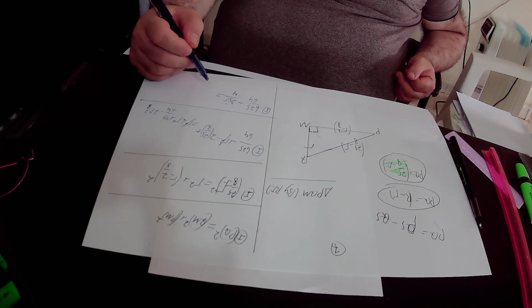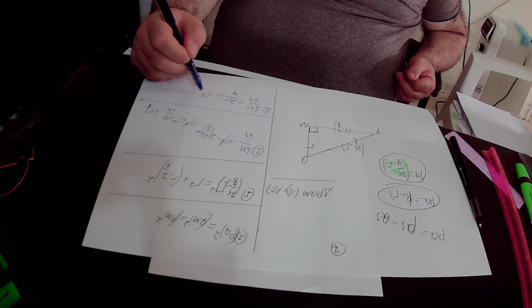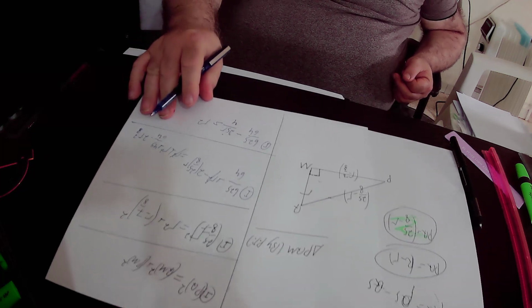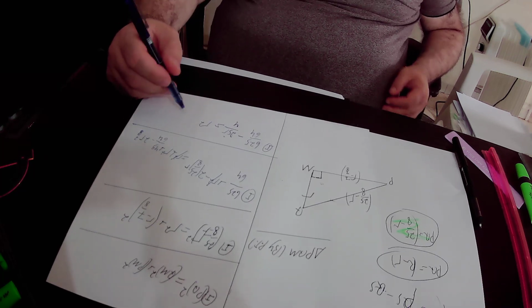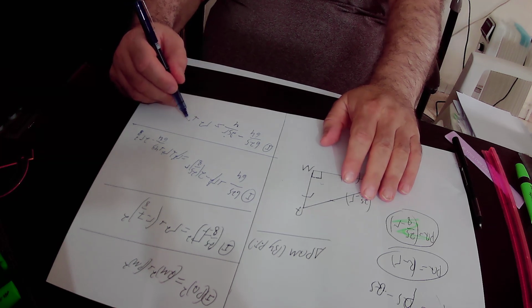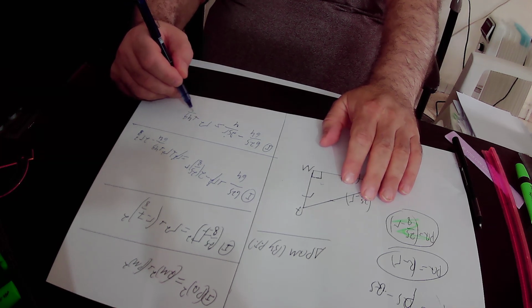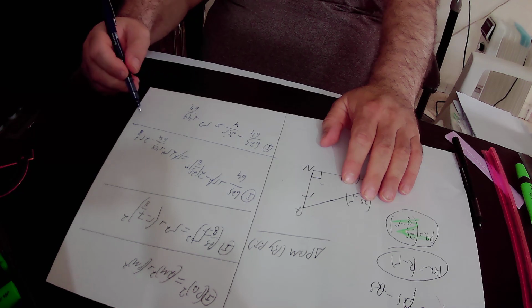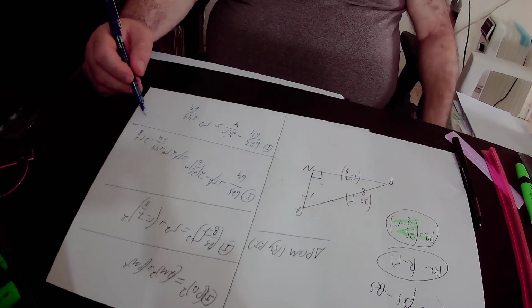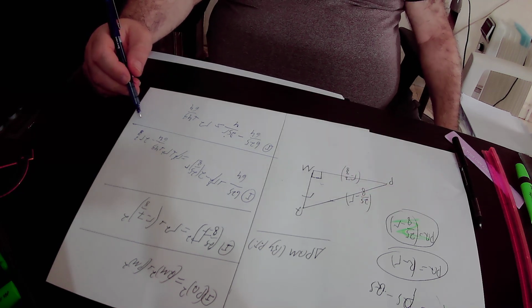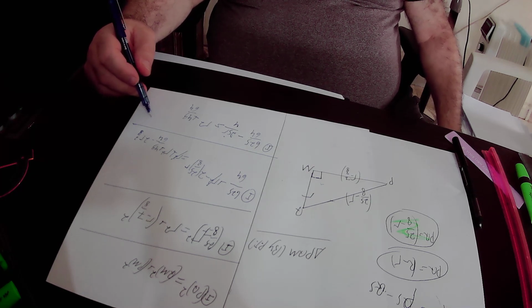And it is equal to r squared plus 49 over 64. Here we have the expression of minus 2r times 7 over 8. We will divide both the numerator and the denominator by 2.